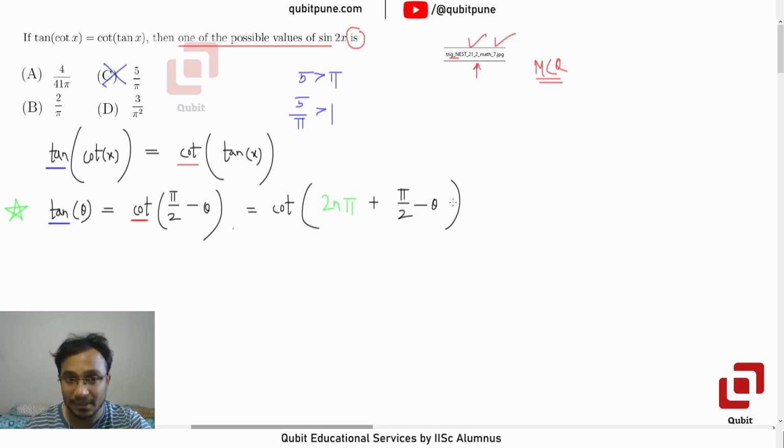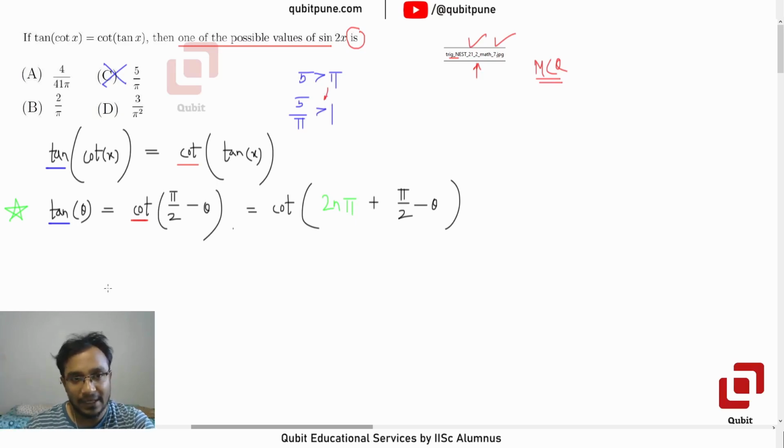That step is important. So two things are important to solve the problem. First, that identity that we have written, and then we have brought in that 2n pi that has something to do with sine of theta not being greater than 1. It has something to do with that. We shall see.